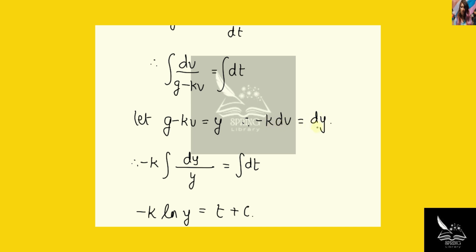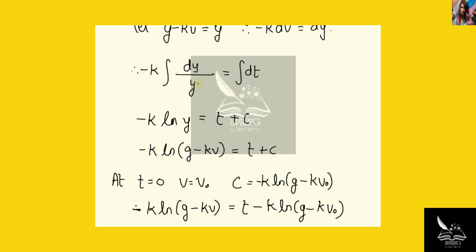So now dy is k dv. I will put this value of dy over here. So this will be k, and as k is constant, I have taken it out of the integration, so dy, and g minus kv I have considered to be y, is over here, and the integration of dt as it is.